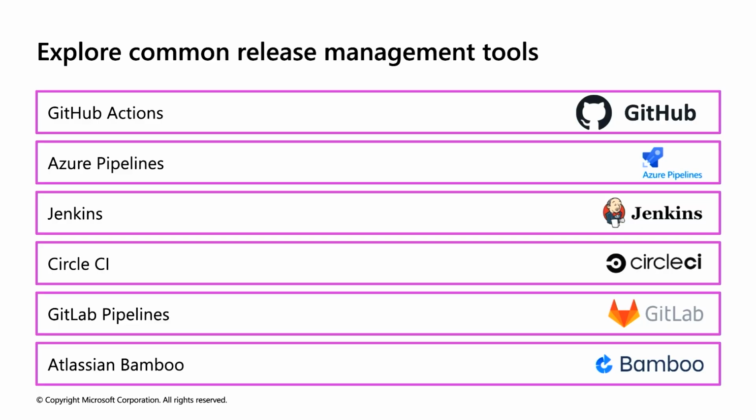Release management tools are essential for automating, tracking, and controlling the deployment of software across different environments. On the screen, we see several popular tools: GitHub Actions, Azure Pipelines, Jenkins, CircleCI, GitLab Pipelines, and Atlassian Bamboo. Each tool offers unique features for building, testing, and releasing code. For example, GitHub Actions integrates seamlessly with GitHub repositories, making it easy to automate workflows directly from our codebase.